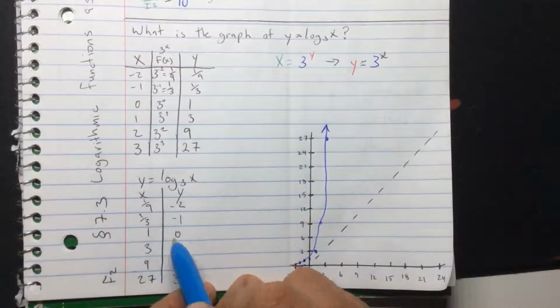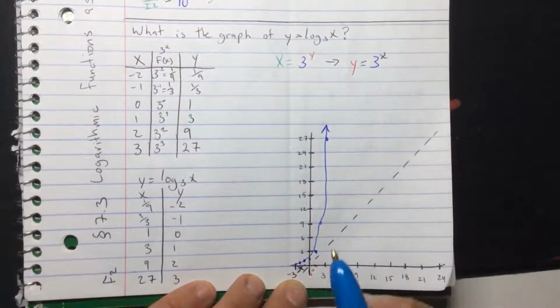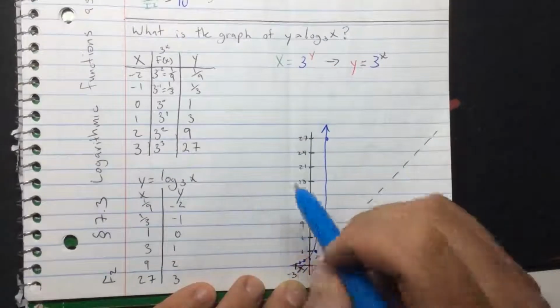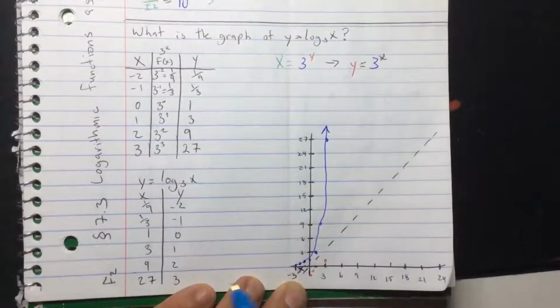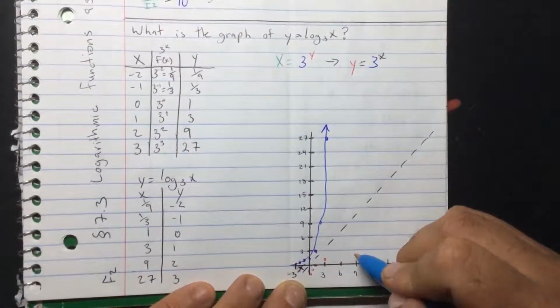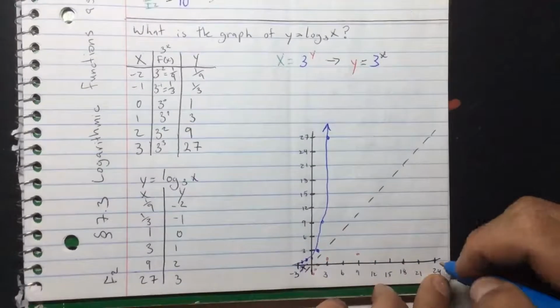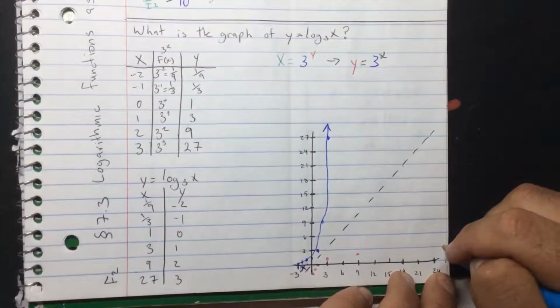And then we have 1 at 0, which is about right there. We have 3 at 1, which is about right here. And then we have 9 at 2. And then 27. Oh, I didn't go that far. 27 would be like here. And then this would be at 3.